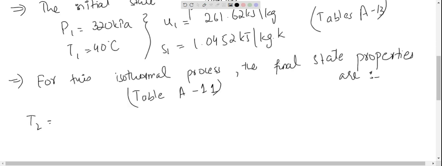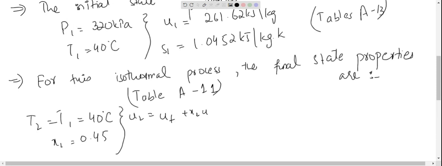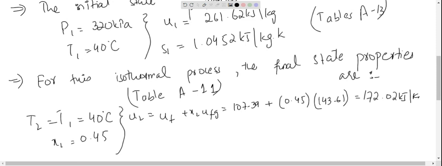So as we know that our T2 is equal to T1, which is equal to 40 degrees centigrade, and X2 is also given, which is 0.45. So from these we come to know that U2 is equal to UF plus X2 UFG. So now putting their values, that is 107.39 plus 0.45 into 143.61, so it equals 172.02 kilojoule per kg.